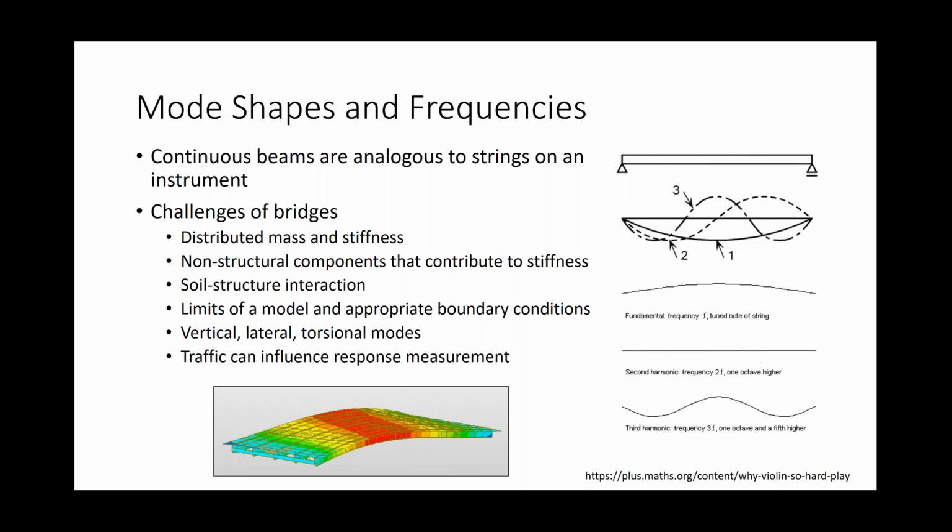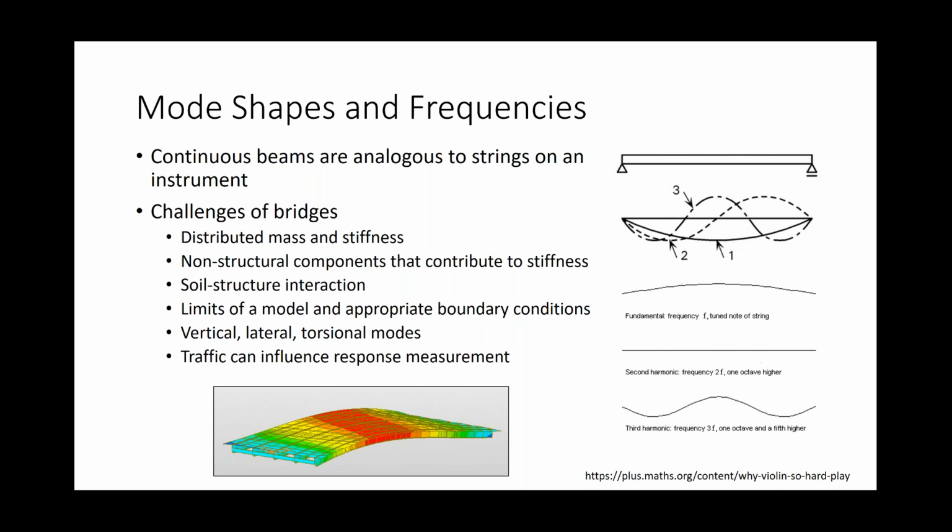If you do that, then all of the detail in the model has to be considered. And oftentimes in bridges, we have non-structural components like sidewalks or crash barriers or railings. All of those things that we don't consider to be structural components turn out to have a structural influence. They contribute to the stiffness of the structure. So when we're looking at a dynamic model, we might want to incorporate them.